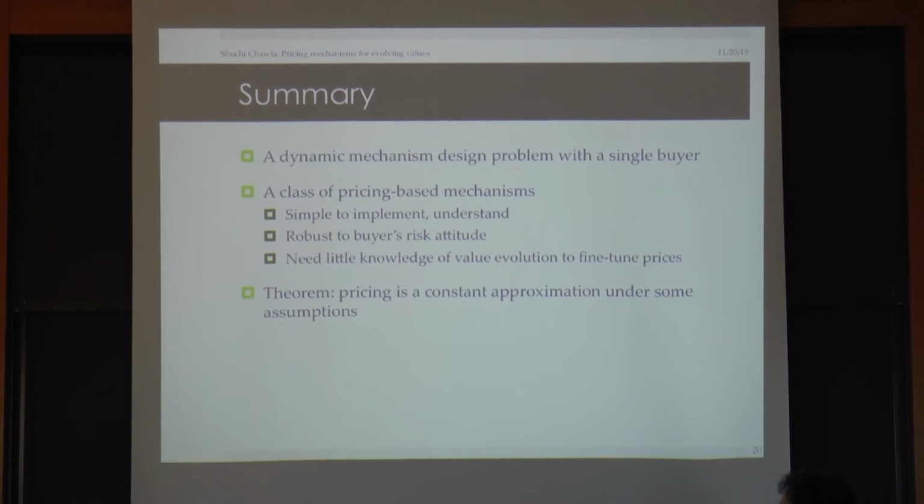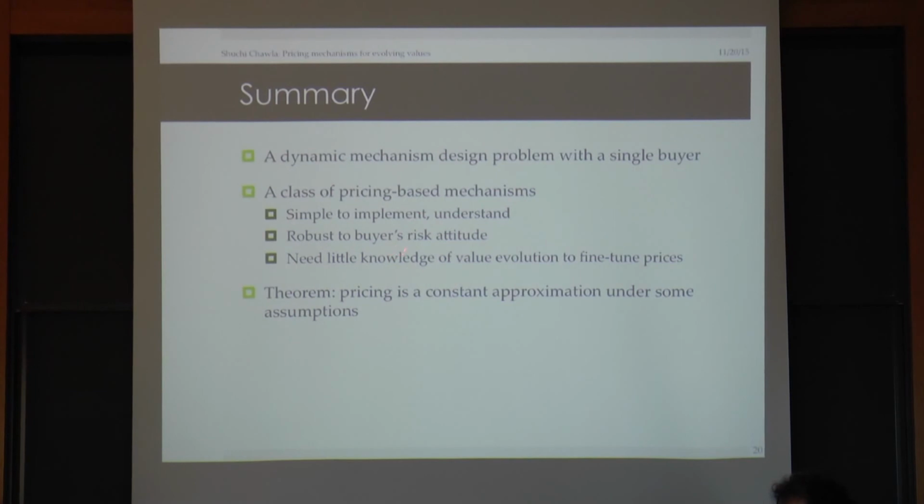And we want to get around all of those artifacts of the model by looking at a simple class of mechanisms and looking at a simple sort of target to compete against, namely the buyer's cumulative value. And we show that under some assumptions this can be done, and it gives us a reasonable approximation without knowing too many details of the model.